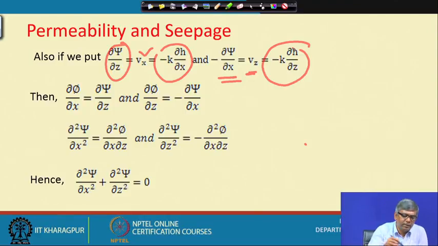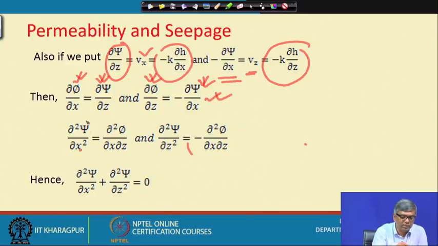Now, if I compare this with the phi function, we can see that del phi by del x equals del psi by del z, and del phi by del z equals minus del psi by del x. Now, if I do del 2 psi by del x square, I differentiate this once again, I will get this one, and if I differentiate this one once again, then I will get this one.